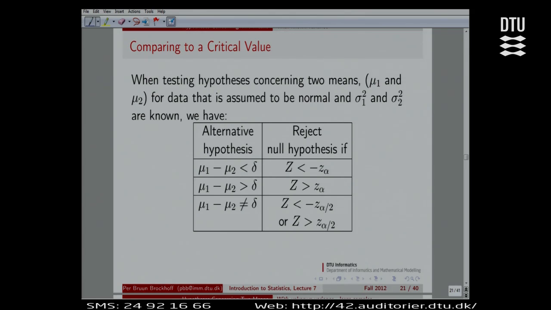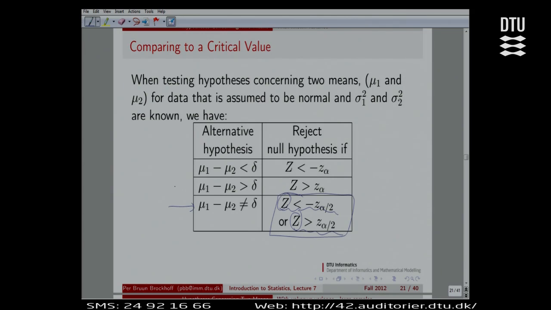This is a critical value way of finishing off a hypothesis test story, saying that if I do a 2-sided test, I should reject if my computed test statistic is either too small or too large. So if I'm too far to the right or too far out to the left, I will reject the hypothesis.